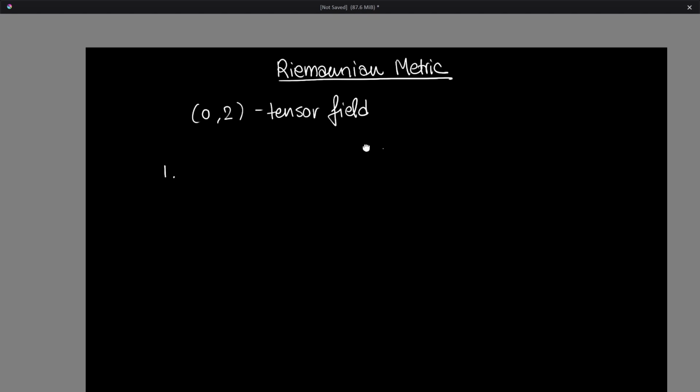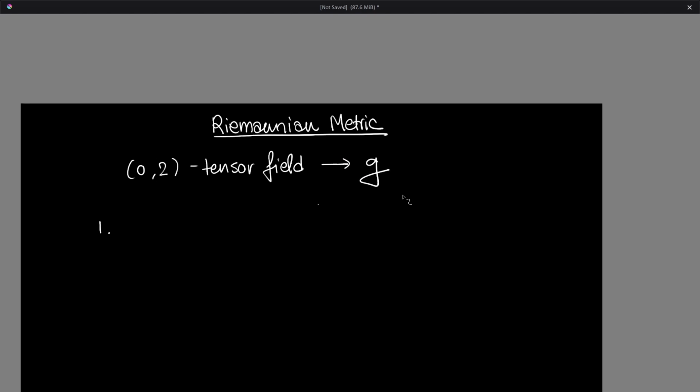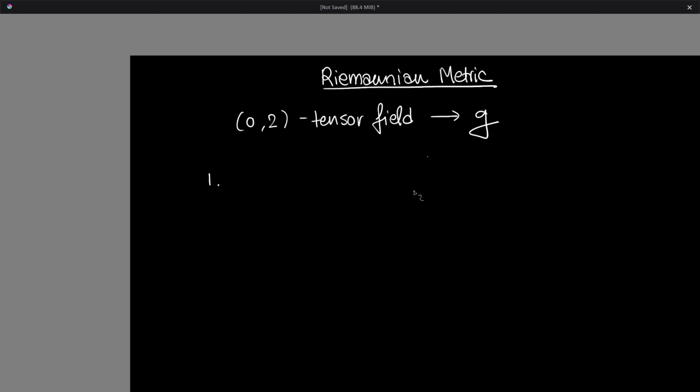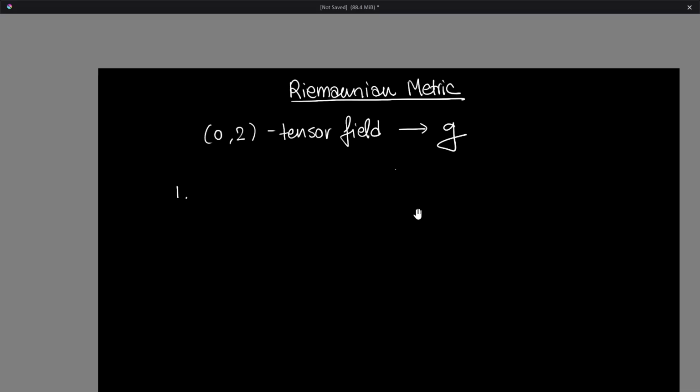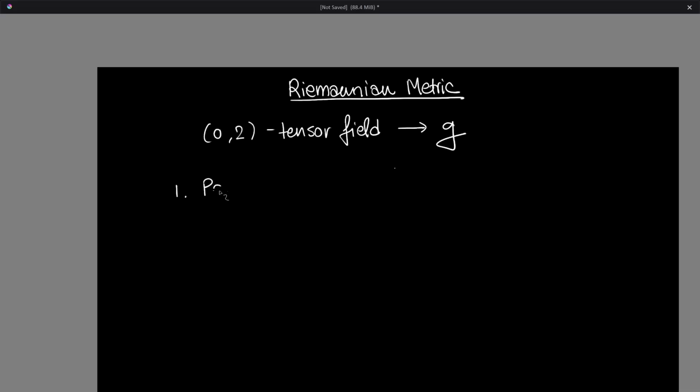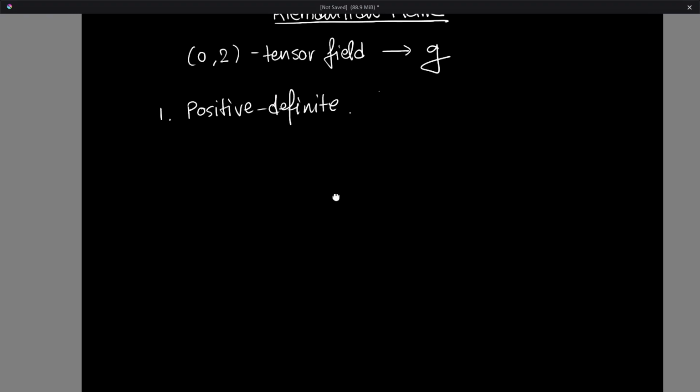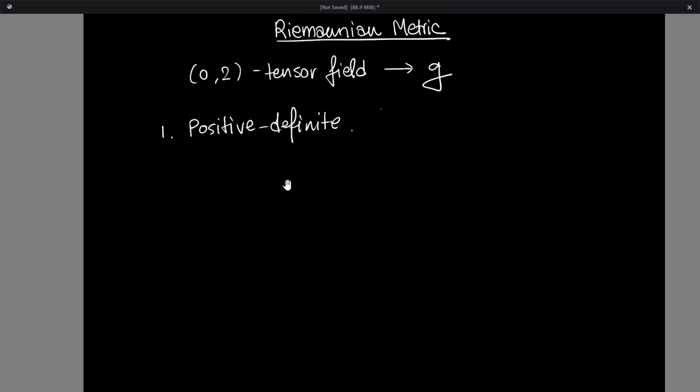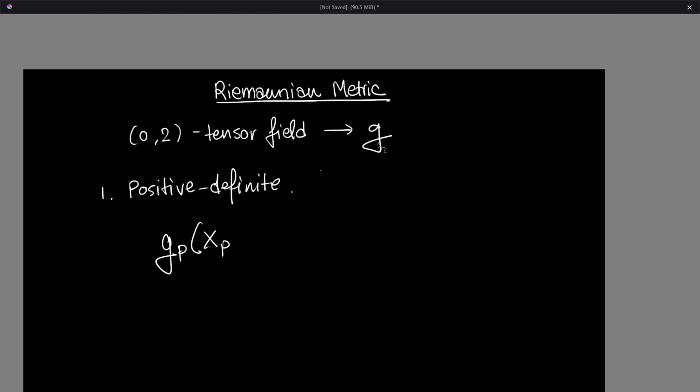One, we call it G, forgot to mention that. So property number 1 is that it's positive definite. This means that, well, what we're doing here is that we're going to define it pointwise.